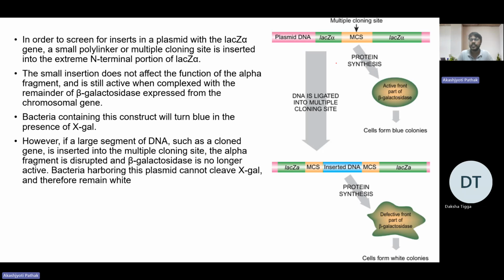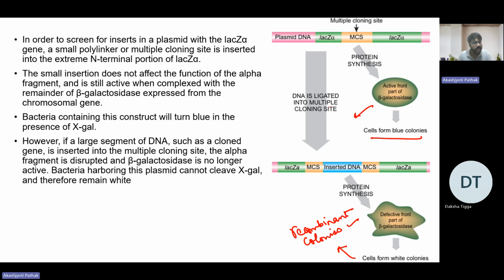But if your lacZ alpha fragment does not have your gene of interest, then what will happen? The cells will form blue colonies. But if you have cloned your gene of interest within this lacZ alpha, then it will be defective and those will form white colonies. So your white colonies are your recombinant colonies, while your blue colonies are your non-recombinant colonies. This is what you want.